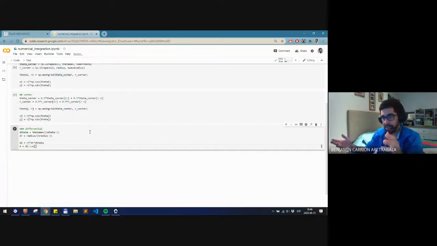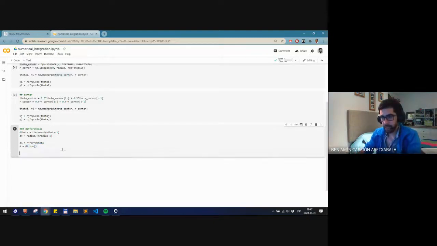I think it's easier than integrating if you don't remember the integral of cosine or something like that. Here you only need to express the delta area as it should be, and then the total area is just the sum. That's, I think, one cool thing.